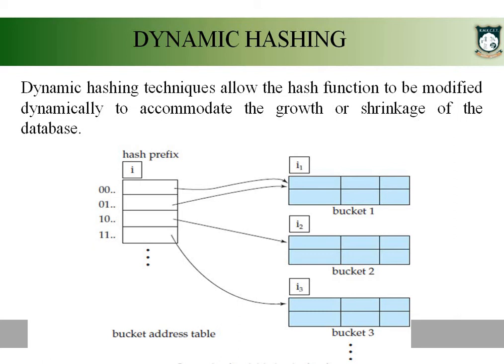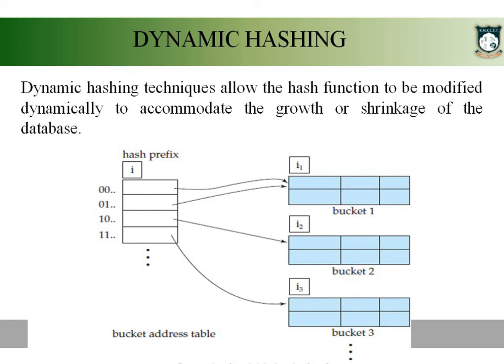Like that, once any bucket overflows, you will increase the hash prefix, and accordingly you will increase the number of buckets and update the buckets. Is it clear, students?